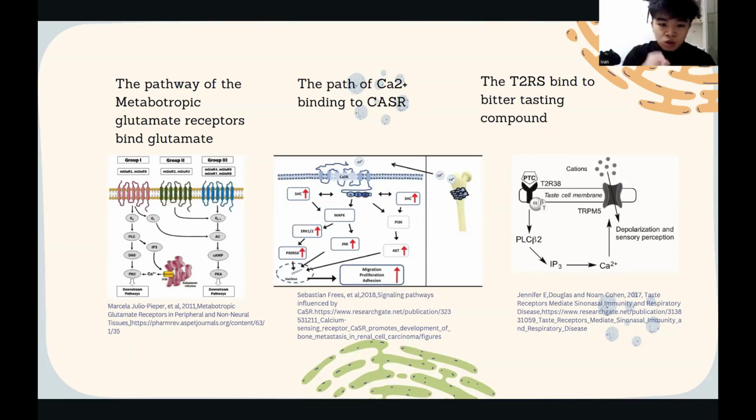For this one, the conformation will be different: when the bitter ligand binds to the T2Rs, they undergo a conformational change that activates the associated G protein, typically G alpha gustducin. This is similar to mGluR activation, where glutamate binds and leads to structural changes that enable G protein coupling. And this will lead to Gi, which means they will not amplify the signal.